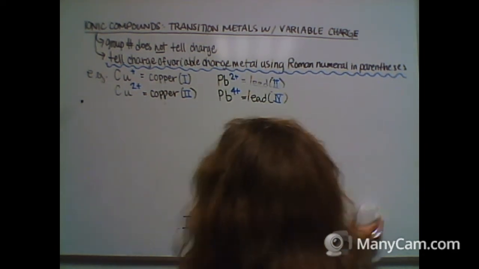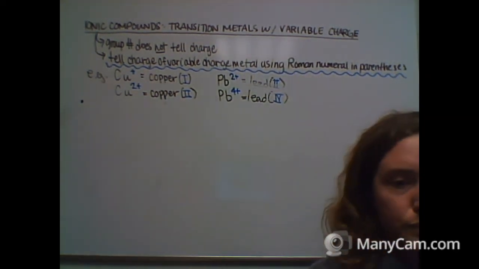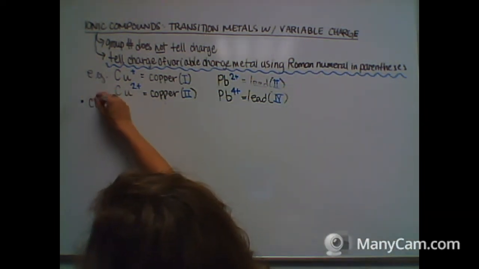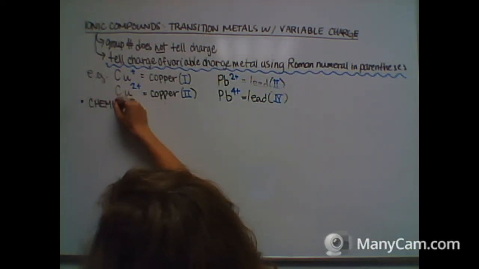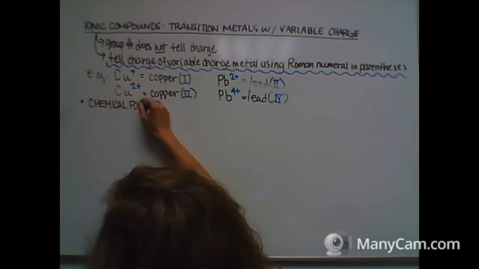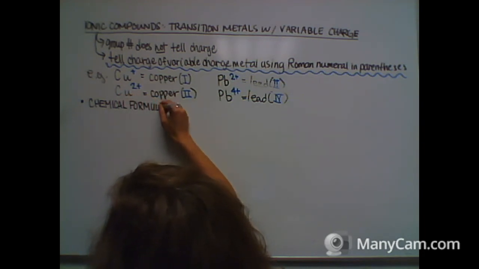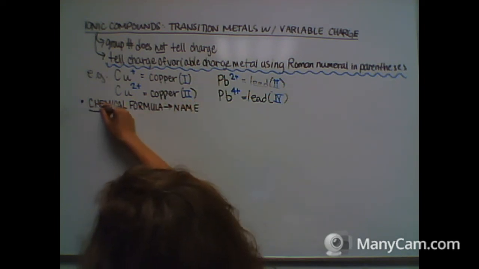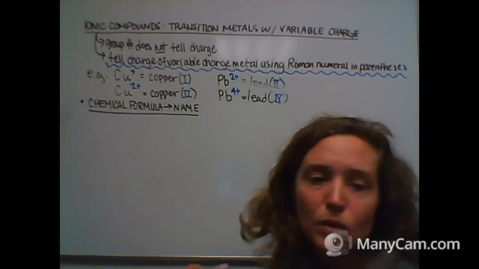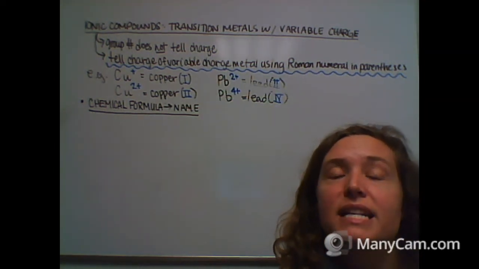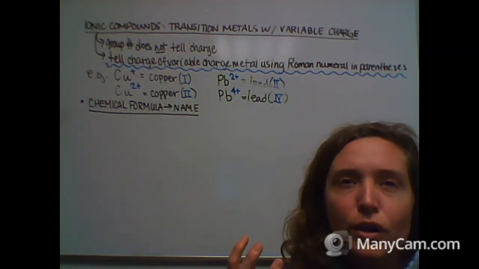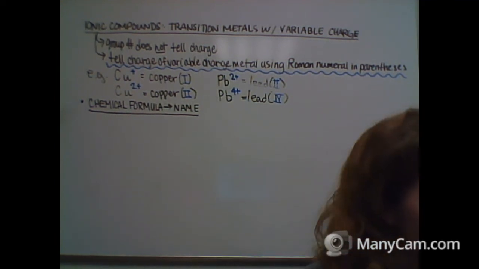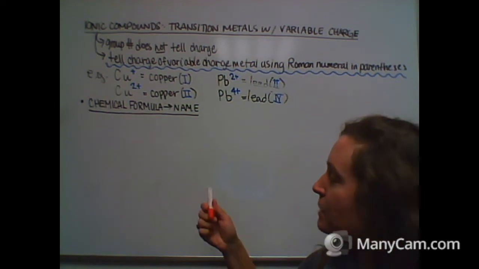Chemical formula to the name. Okay, so this time it's a little more tricky and it takes a little more careful working out of a problem like this. Okay, so we're going to take some steps.